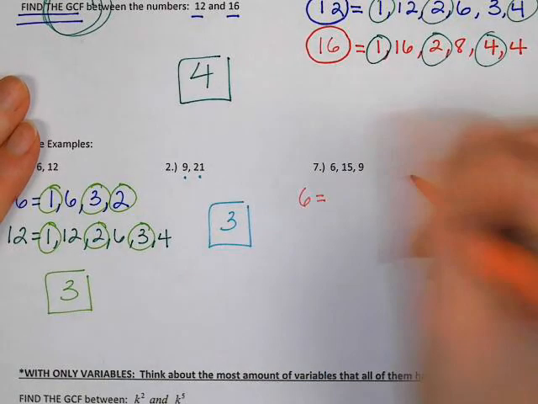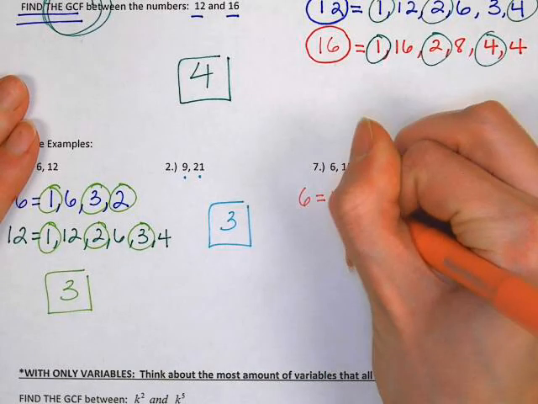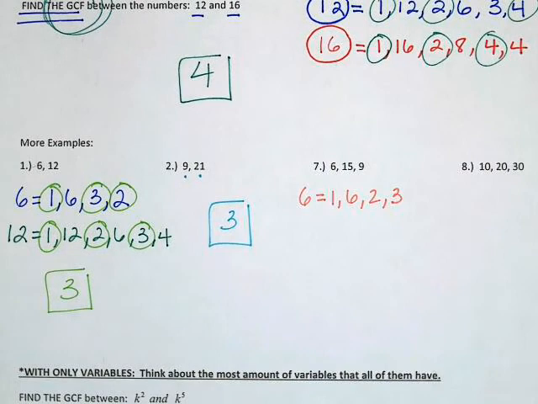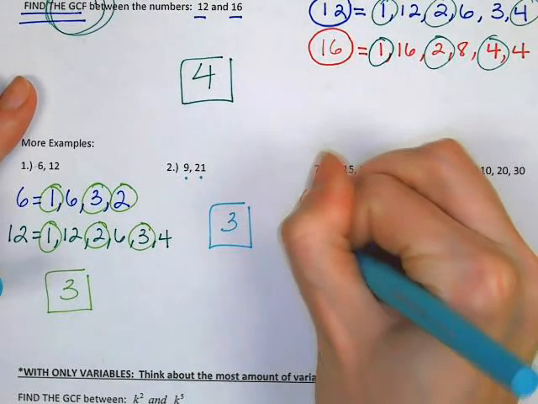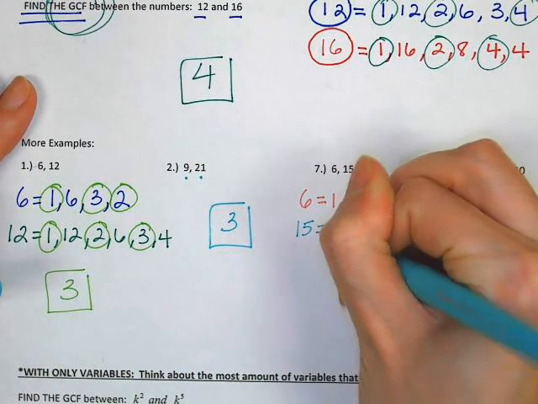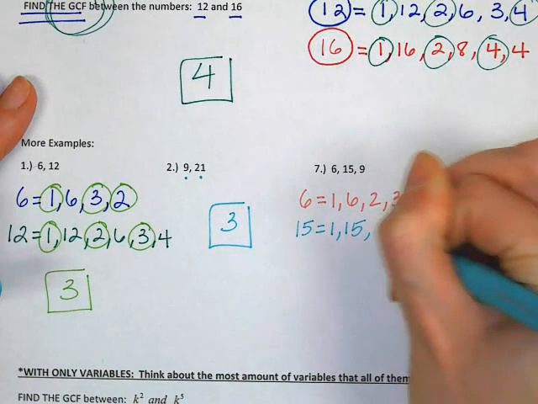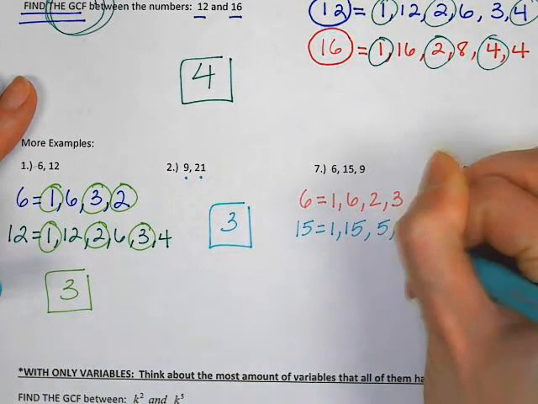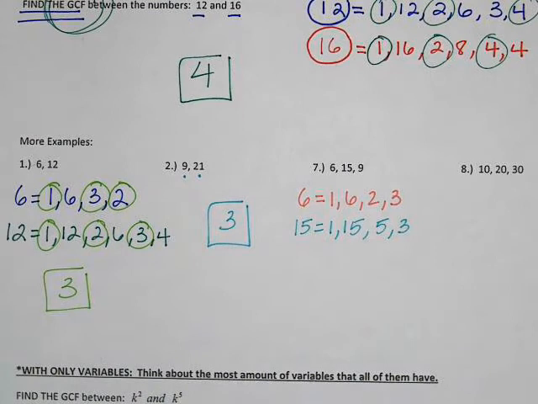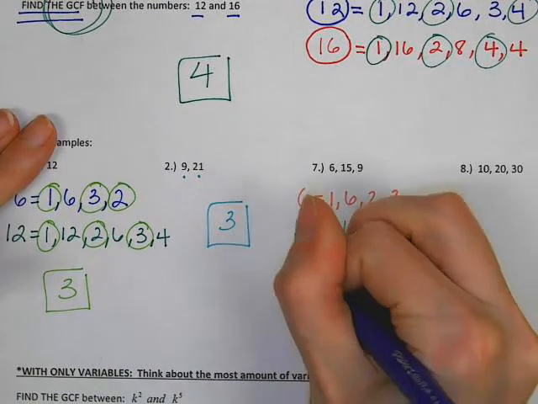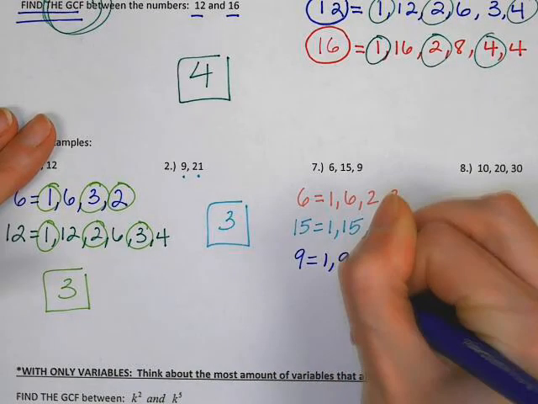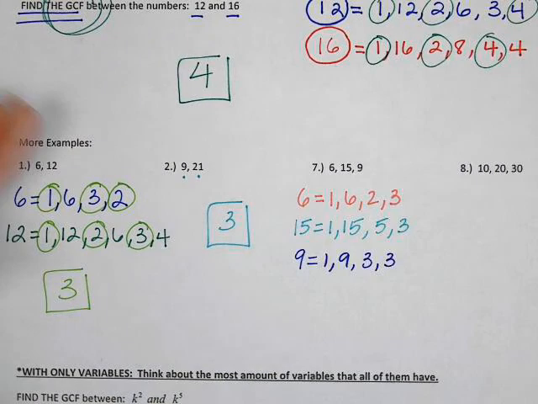So 6 could be 1 times 6 or 2 times 3. 15 could be 1 times 15 or 5 times 3. And then 9 is either 1 times 9 or 3 times 3. Okay, what's the biggest number that all 3 of those have in common?